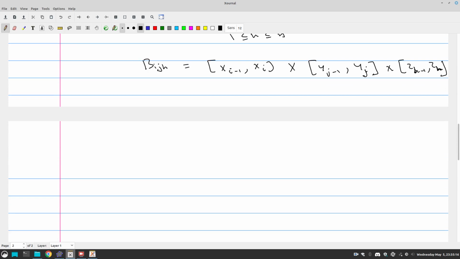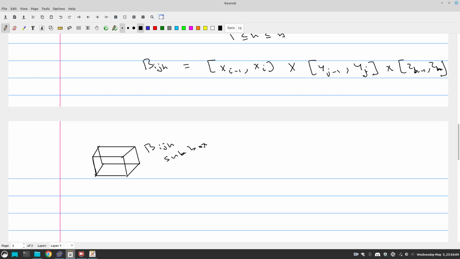Now let's draw this Bijk sub-box, and let's use a representative point inside that sub-box.